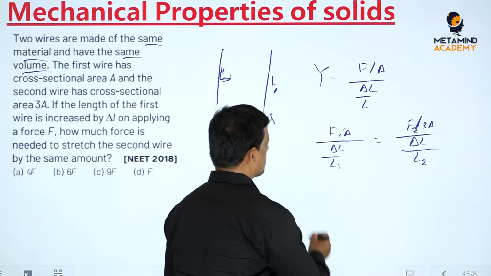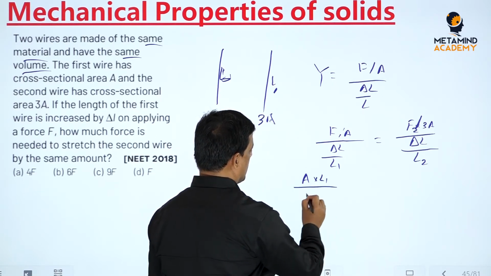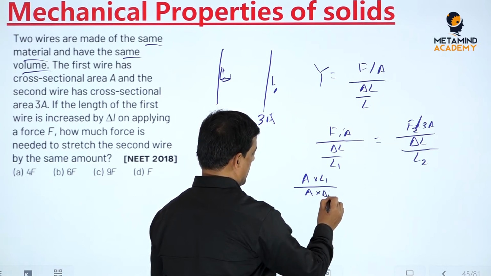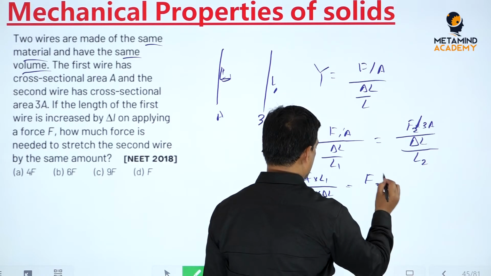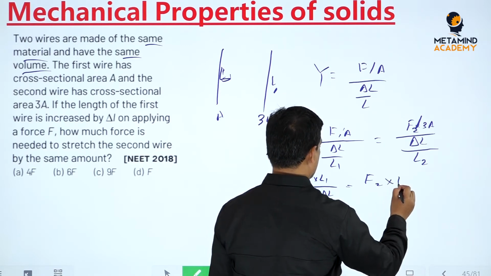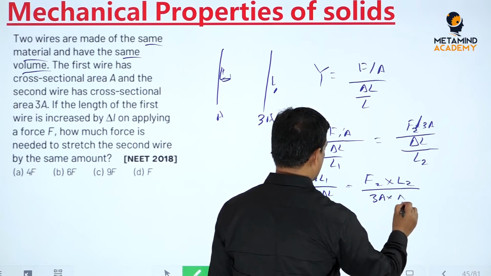So, F into L1 by A into delta L is F2 into L2 by 3A times delta L.